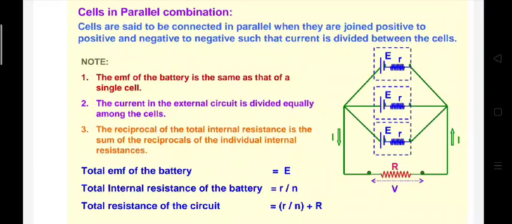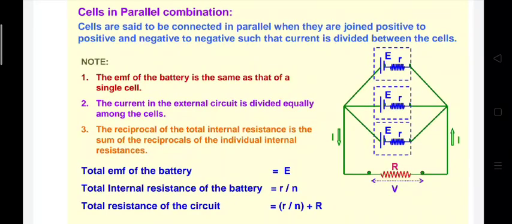Now certain things are to be noted down here. When are we going to use cells in parallel combination? We have cells that are connected in parallel combination. Each cell has EMF E and internal resistance r. The EMF of the battery is the same as that of the single cell.